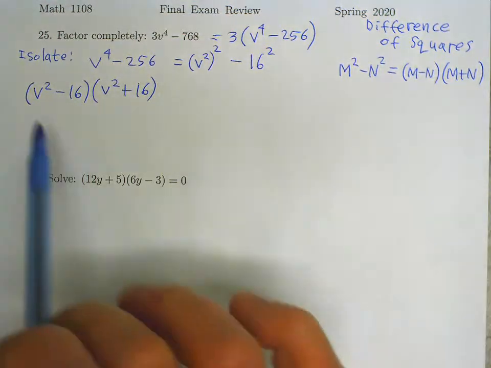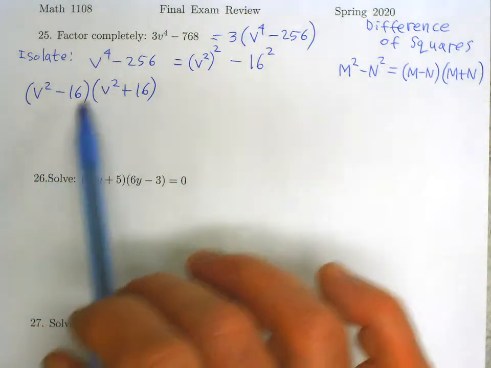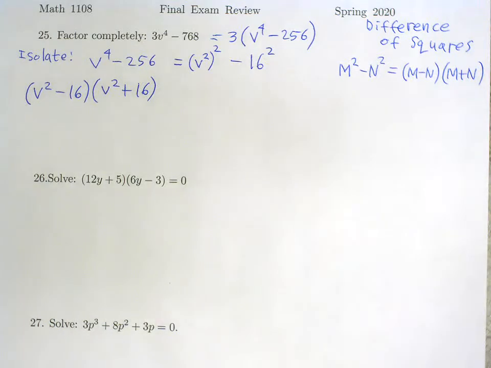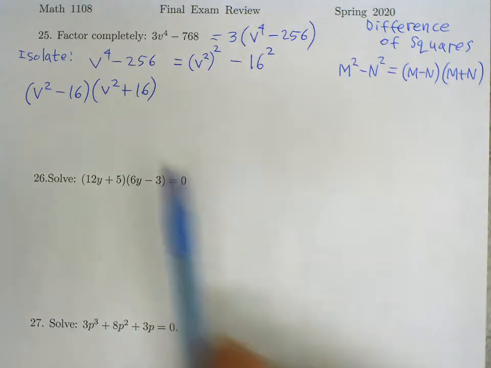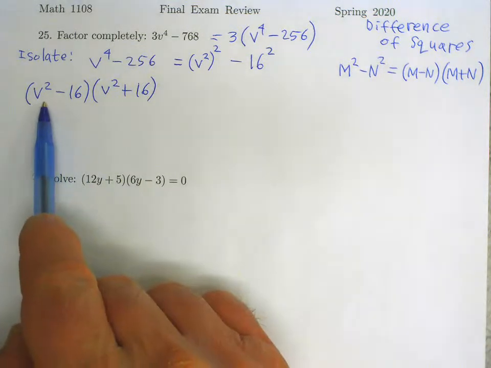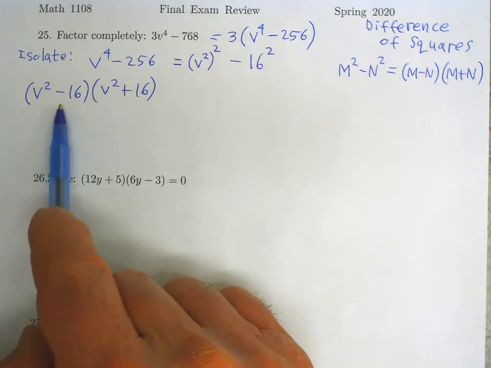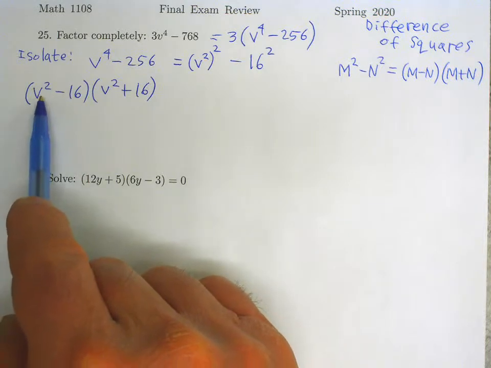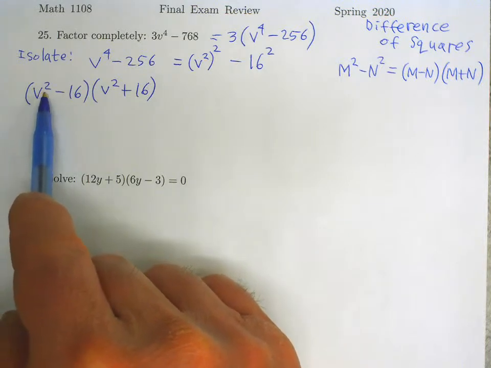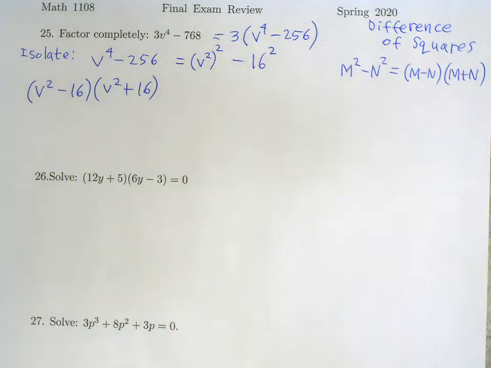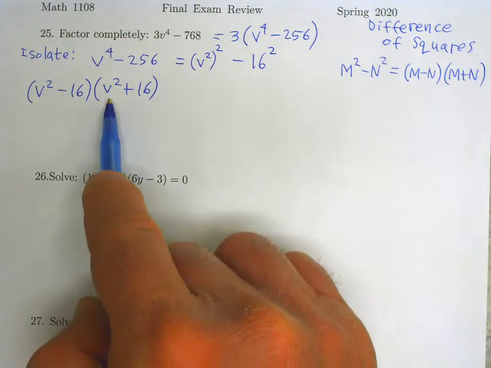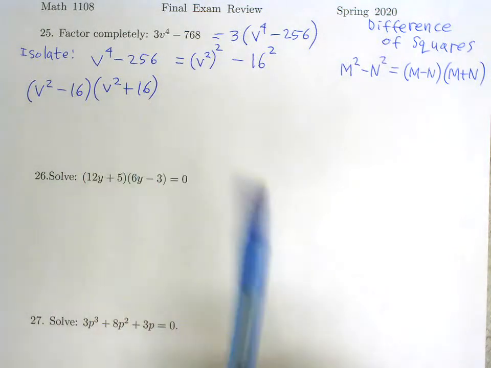And you can verify by multiplying that this is equal to v to the fourth minus 256. Well, we can factor further because v to the second minus 16 is also a difference of squares. This is equivalent to v to the second minus 4 to the second. And then v to the second plus 16, that's a sum of squares.